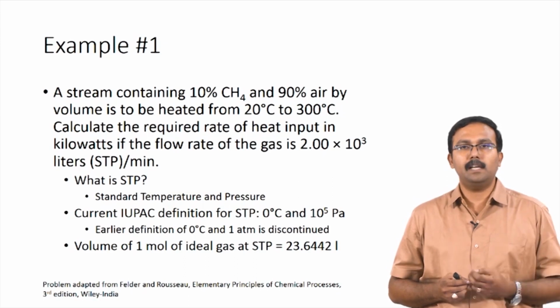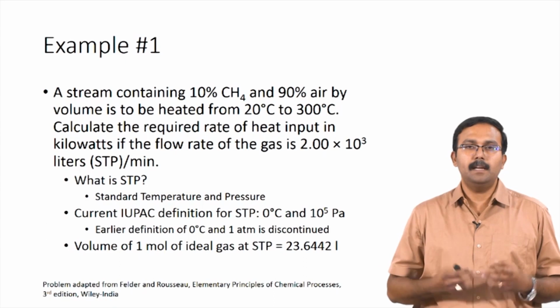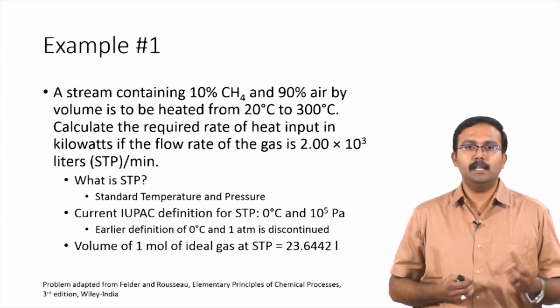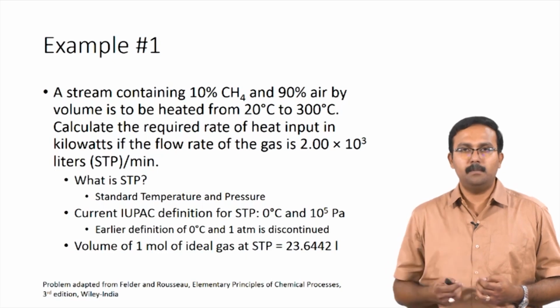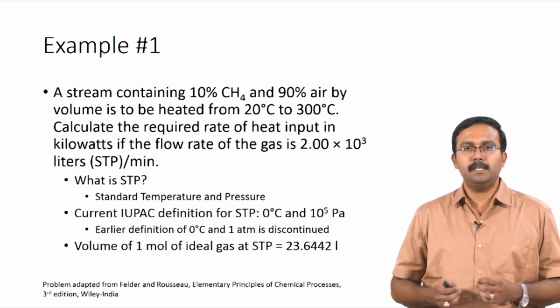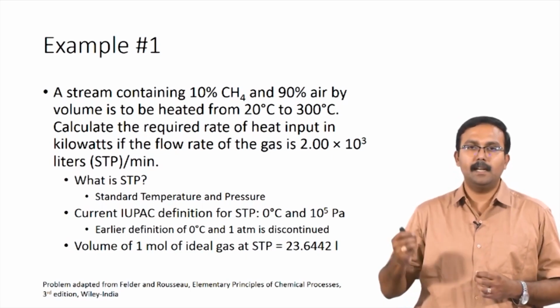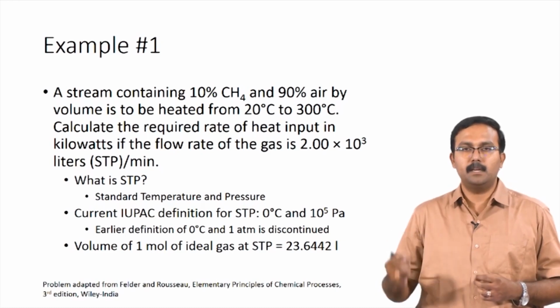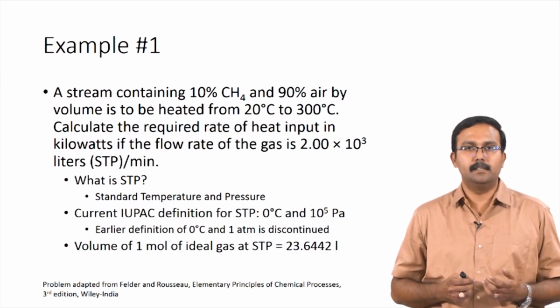We should also understand why this problem gives the flow rate as liters STP. Here we have to calculate the number of moles which is coming in, and this can be done at STP. Although the inlet condition of the gas itself is not STP, the flow has been given in terms of STP because what it represents is that if this gas were present under standard temperature and pressure, it would have a volume of 2000 liters.